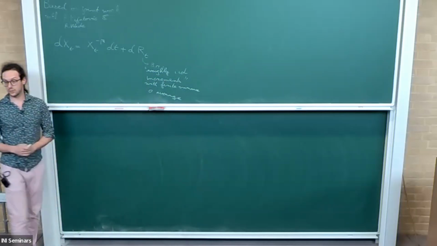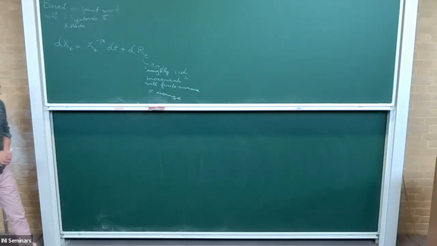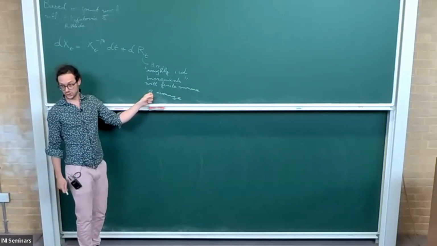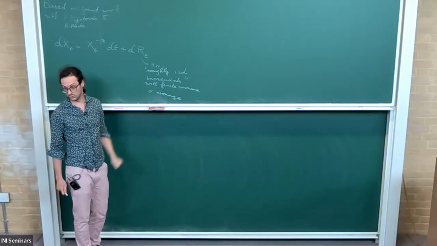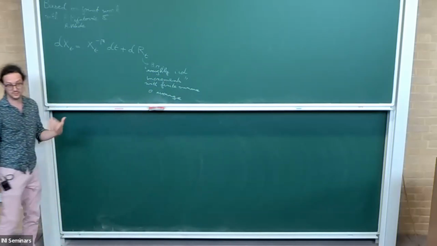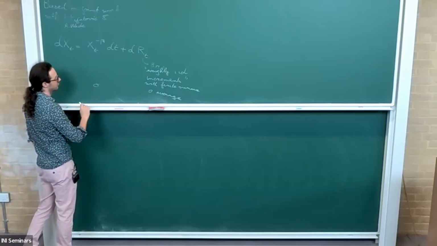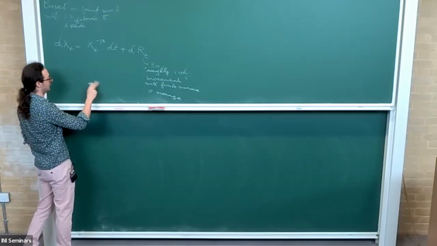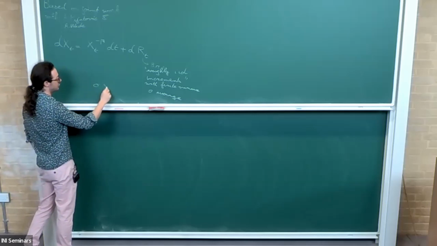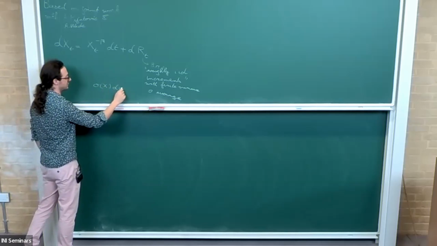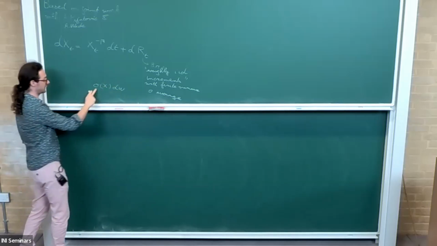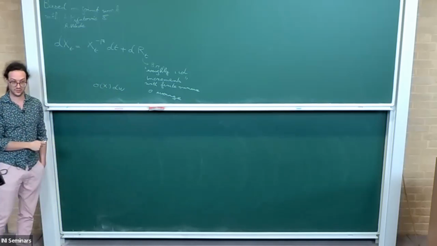Zero average, so a martingale would work, provided that your sigma is essentially bounded and bounded from below. And also, if you were to consider a diffusion that would be sigma of x dW, for example, you would need that sigma actually converges as x goes large.